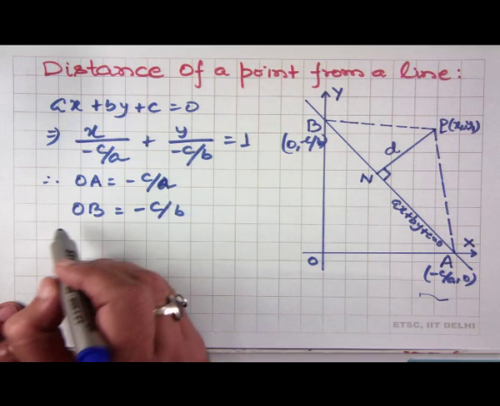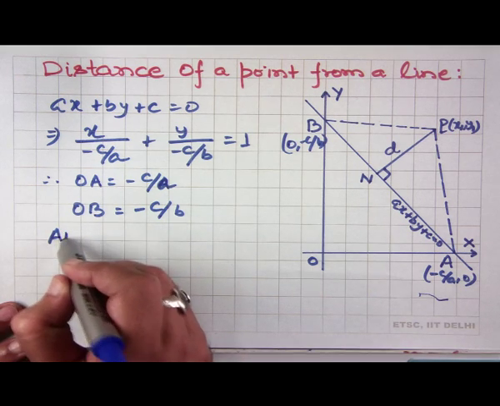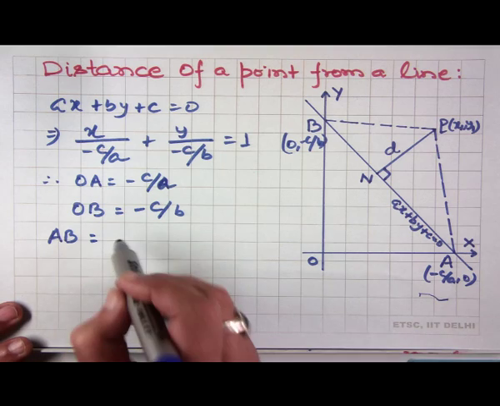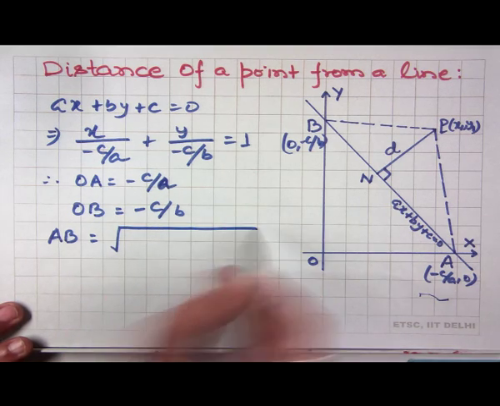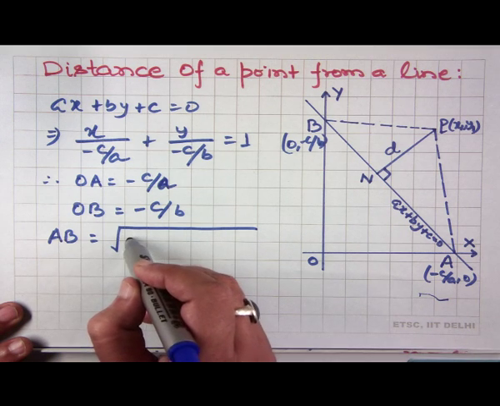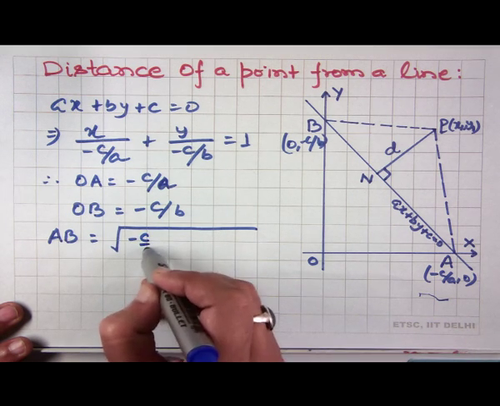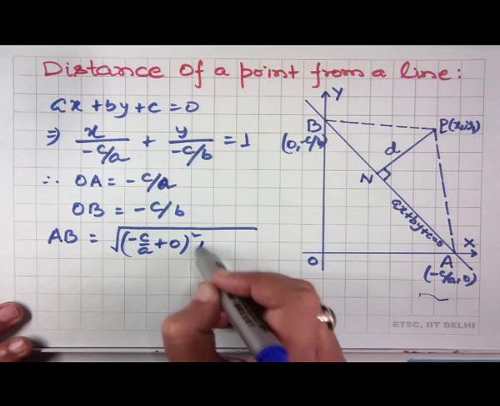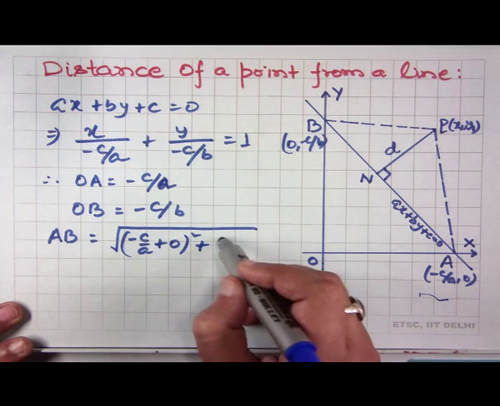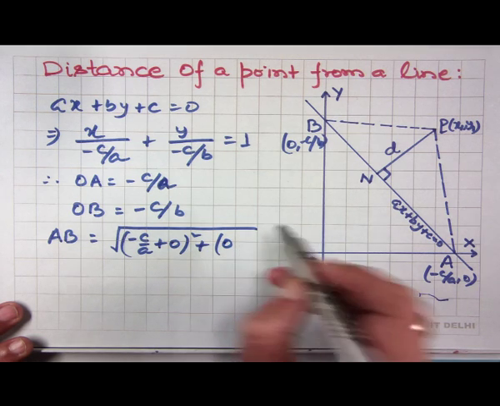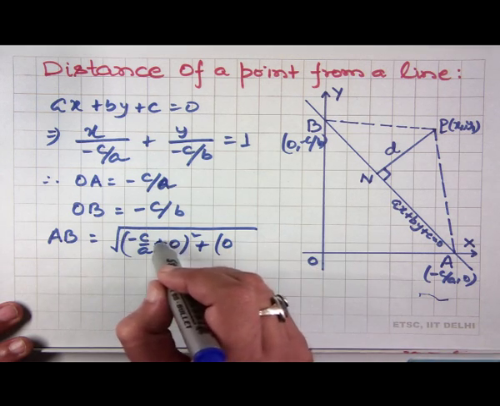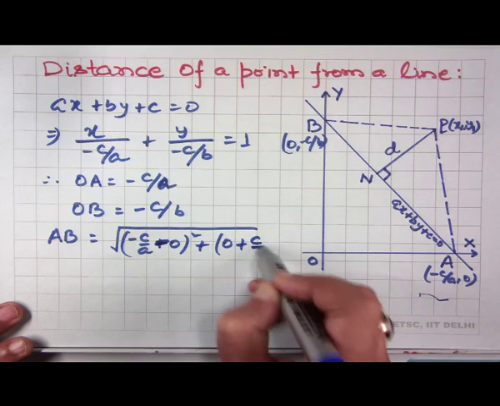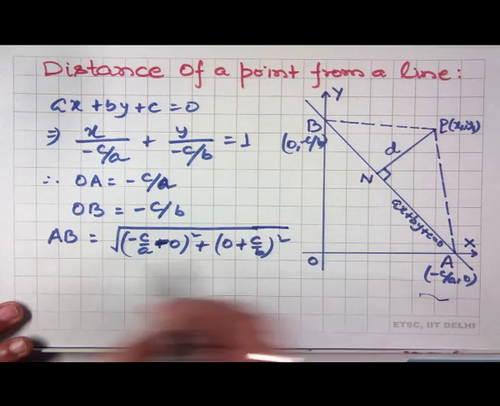The distance AB is equal to, by using the distance formula, square root of (minus c by a minus 0) whole square plus (0 plus c by b) whole square.